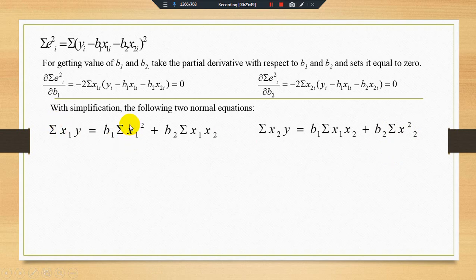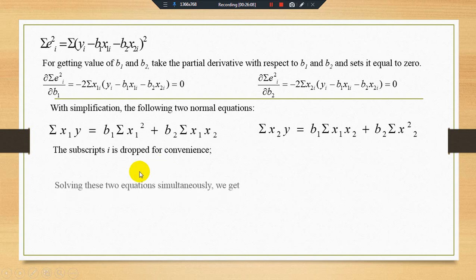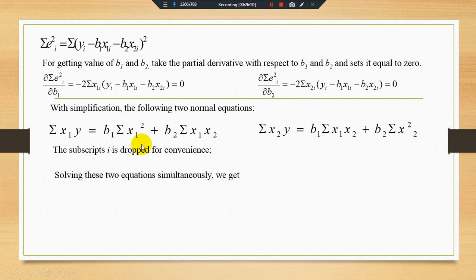Now these two equations can be used for finding the value of b1 and b2 with the help of simultaneous equations.